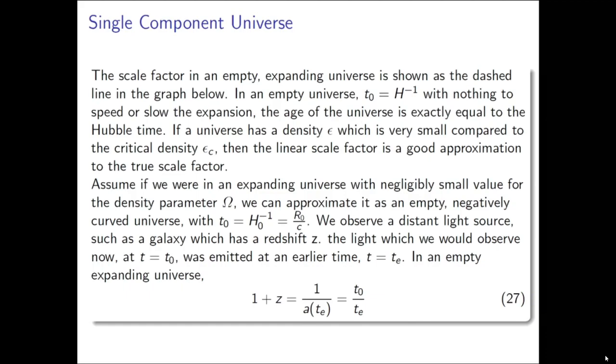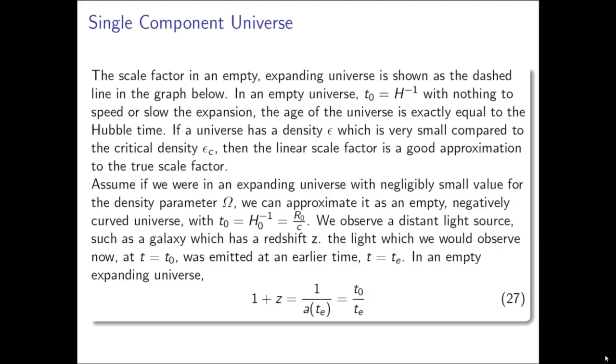So let's try to understand the concept of redshift and proper distance in this model of the universe. Let's say we observe a distant light source, such as a galaxy somewhere else. We're considering it to be spatially flat, so locally this is true. We observe an object that is pretty far, and the redshift is given by z.